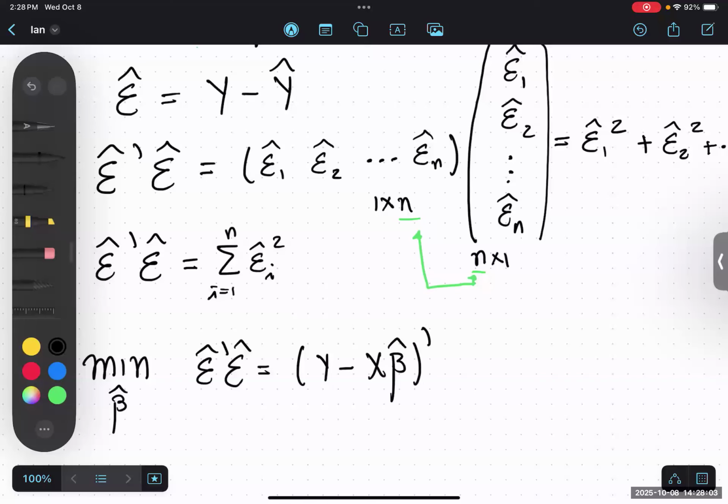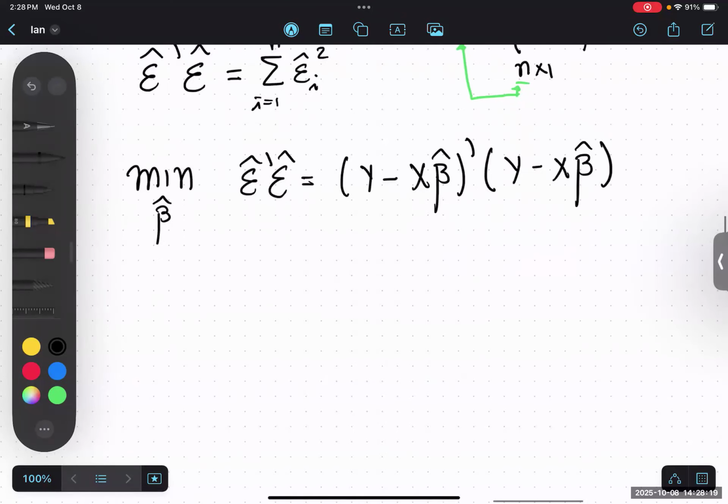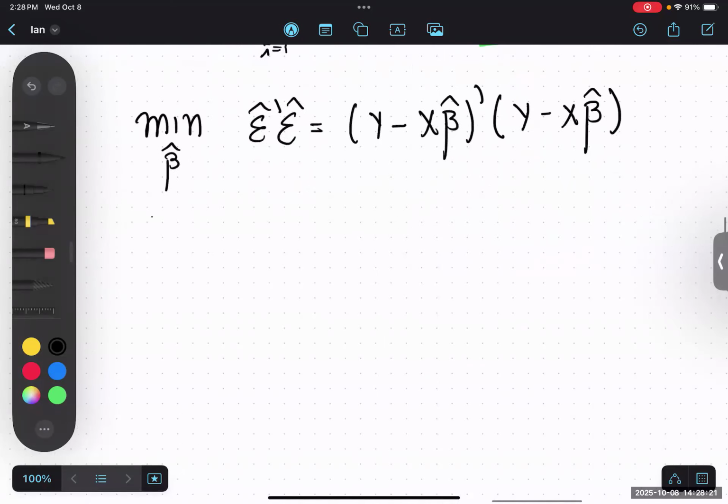So this is my first epsilon hat transpose. The second epsilon hat is not transposed and is defined in a similar way. So I will rewrite this optimization problem as follows. The first thing that I'm going to do is to transpose the first vector, which is y transpose.